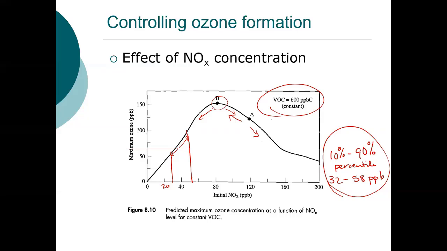If I decrease the NOx, I actually increase the ozone level. So the relationship between NOx and ozone is extremely complicated. For the most part, we're down in these regions here, so it's pretty straightforward. But at much higher NOx concentrations, the impact of NOx on ozone levels is not straightforward, which makes control of ozone much more difficult.